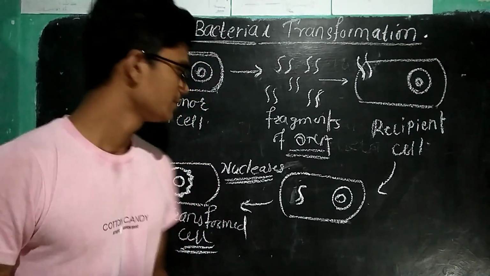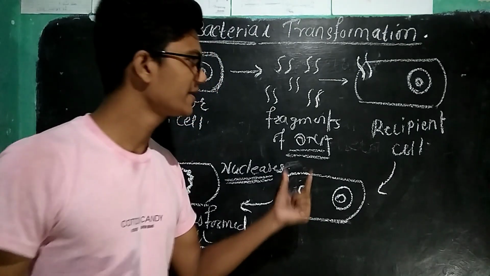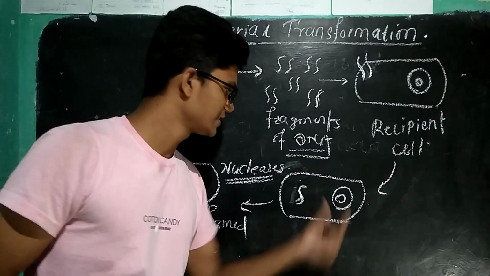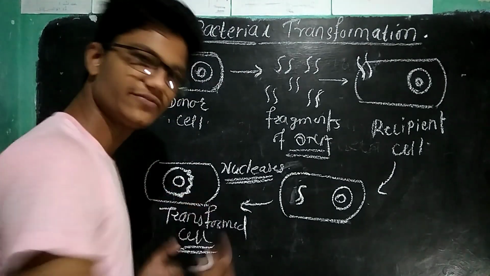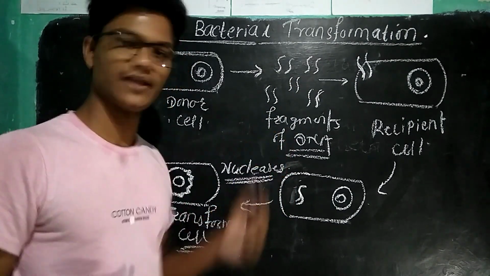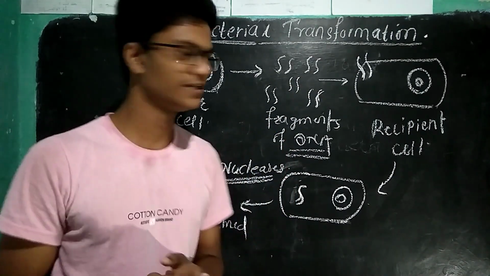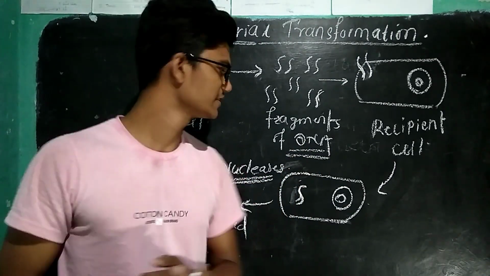Remember that the property of the recipient cell before the donor DNA binds with the recipient cell DNA is different, and the property of this transformed cell is different. Suppose these fragments of DNA have such a property, this gene having some property like antibiotic resistance.